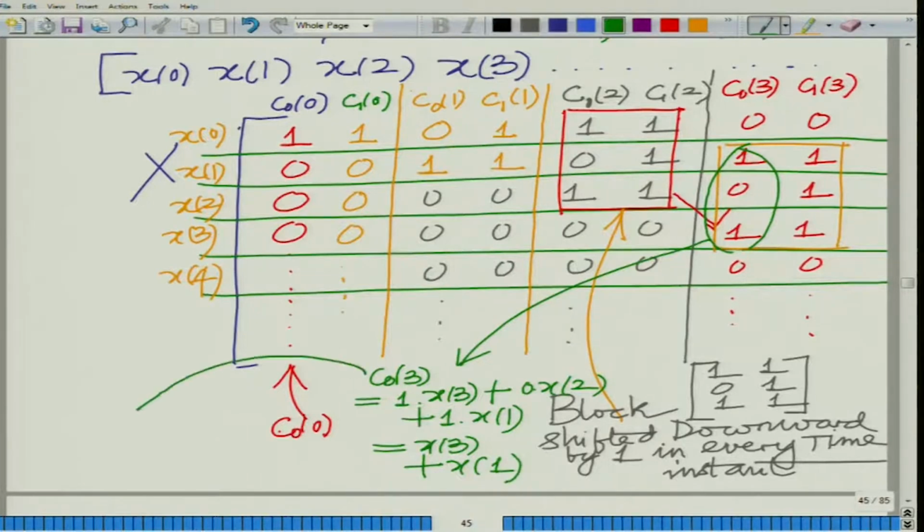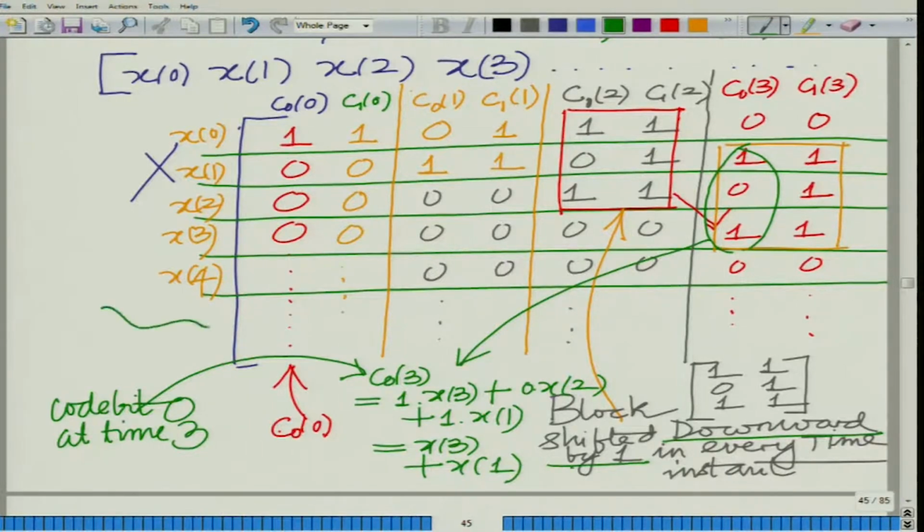That is your code bit 0 at time 3. So, this block 1 0 1 1 1 1 is shifted downward by 1 in every time instant, and this matrix is known as the generator matrix for this convolutional code.